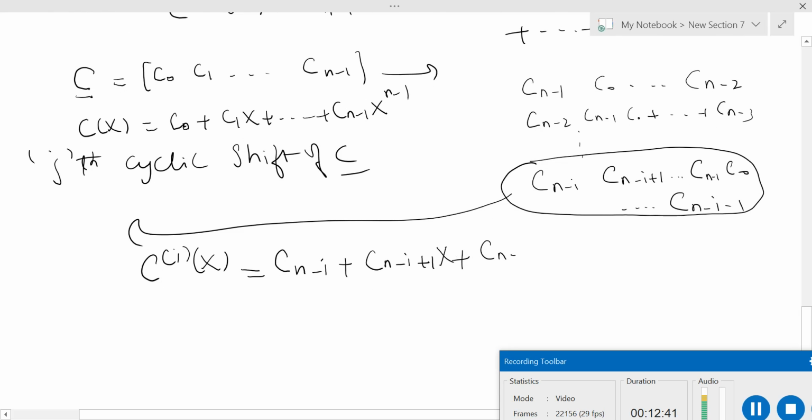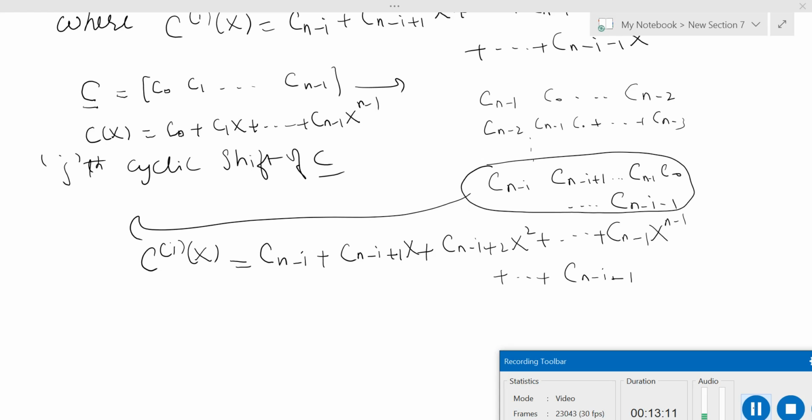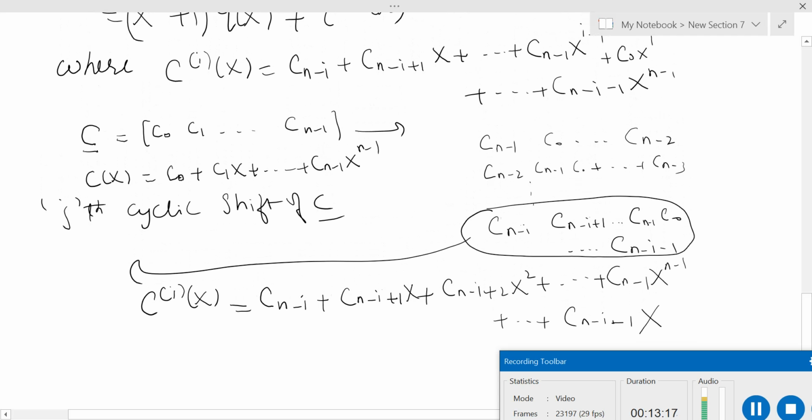x plus c of n minus i plus 2x squared, dot dot dot, plus c of n minus 1 x to the power n minus 1, right, plus, and then finally c of n minus i minus 1 x to the power i minus 1.